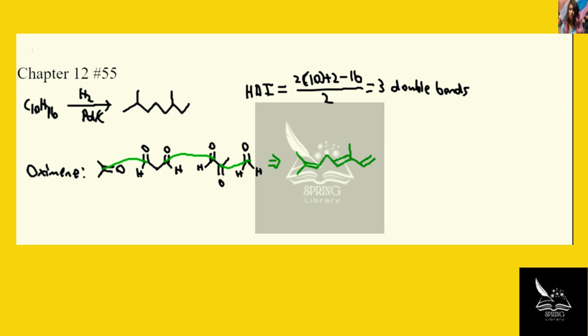Again, the way we determine that is to draw the pieces that were given so that we can link them together in such a way that they give us the 2,6-dimethyloctane backbone, and then see where our double bonds fall. I'm going to do exactly the same thing for myrcene.